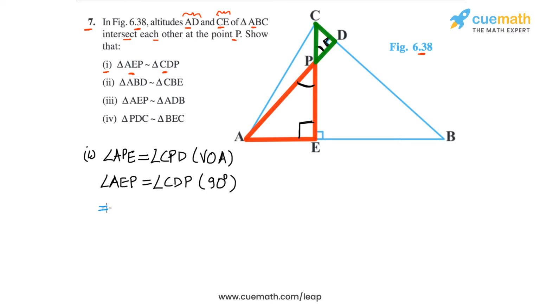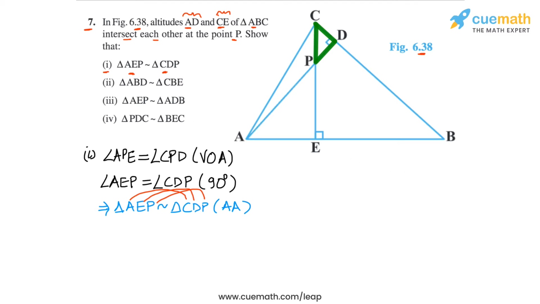And therefore we can now say that triangle AEP will be similar to triangle CDP by AA similarity. And observe the correspondence of the vertices carefully. So A corresponds to C, E corresponds to D, because the 90 degree angle is at E and D, and then P corresponds to P. Okay, so that completes part 1.